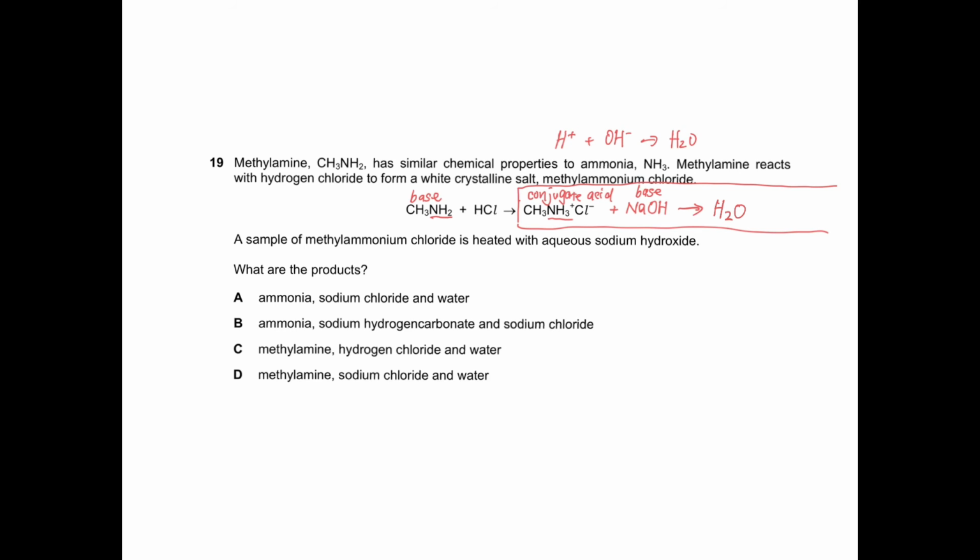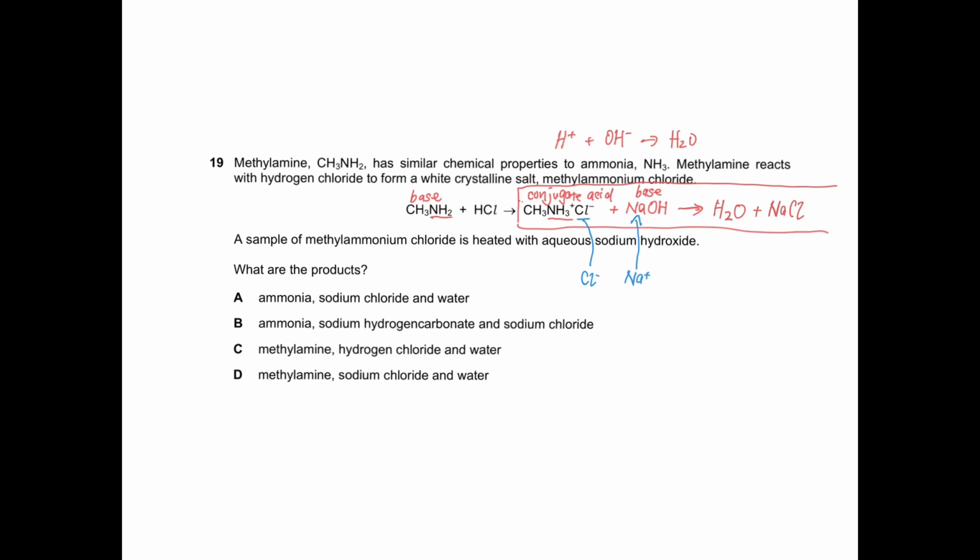For example, this is sodium, Na plus, and this is chloride, Cl minus. So sodium chloride is formed. Like I said, positive ion combined with negative ion. So the second product is hence NaCl.